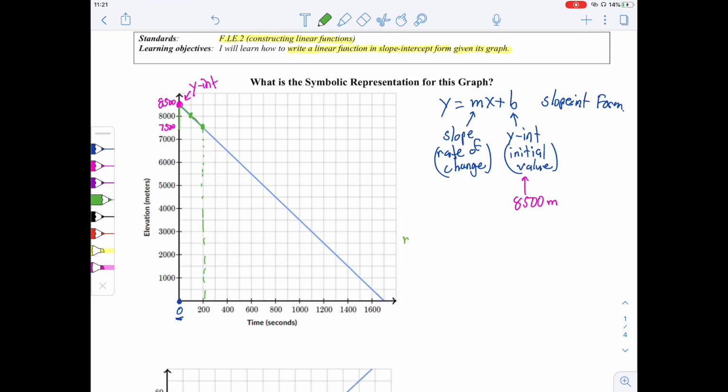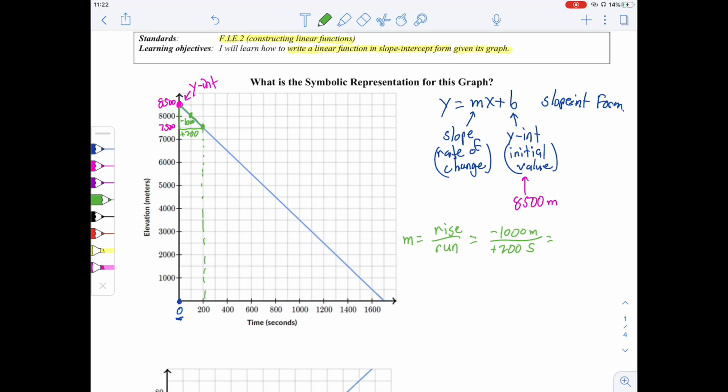Our rise over run, because our slope is our rise over run. So we went down, so negative. It went down 1,000, so negative 1,000 meters. And it ran, or went to the right, 200 seconds, so this is plus 200 seconds, positive.